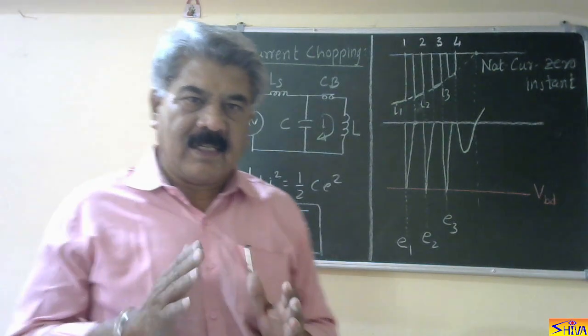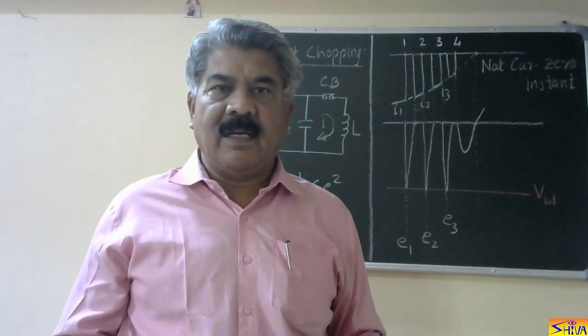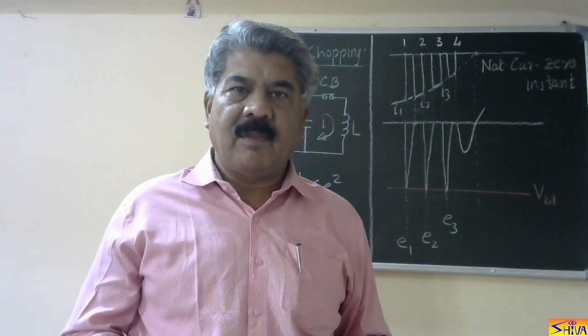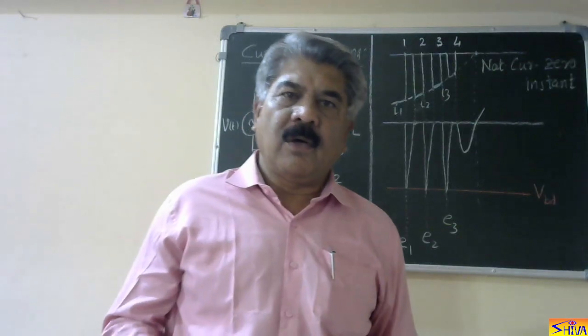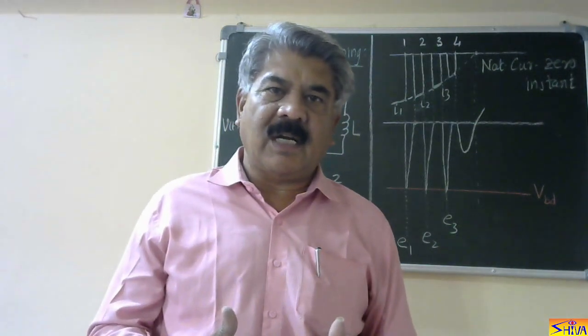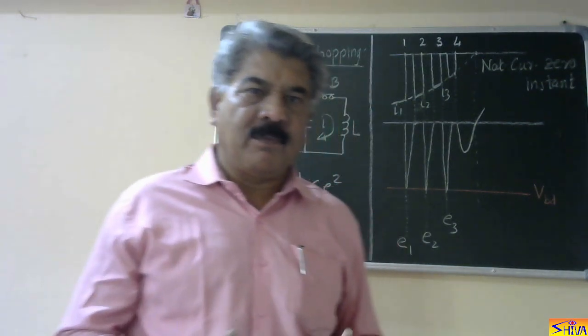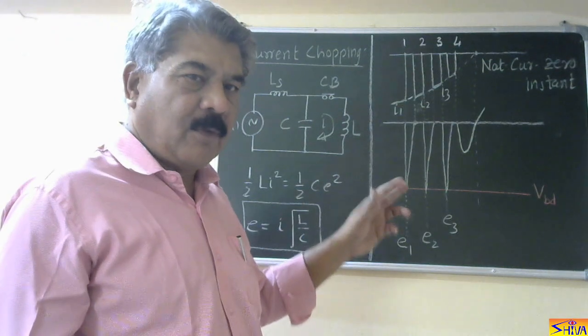So we can say that when circuit breaker is isolating low magnetizing current, for example, it is isolating transformer at no load or isolating shunt reactors, then very high voltages are developed across the circuit breaker poles due to this charging of this capacitor to prospective voltage.